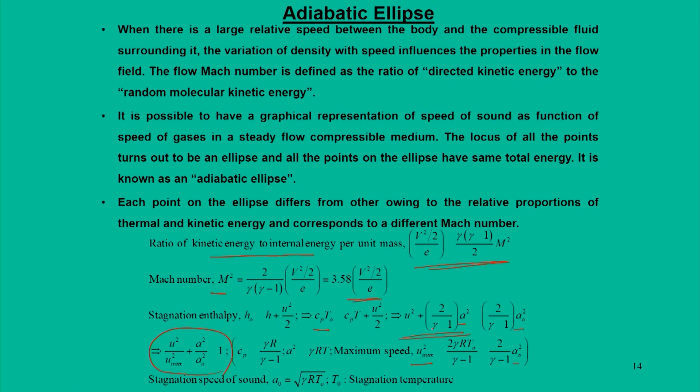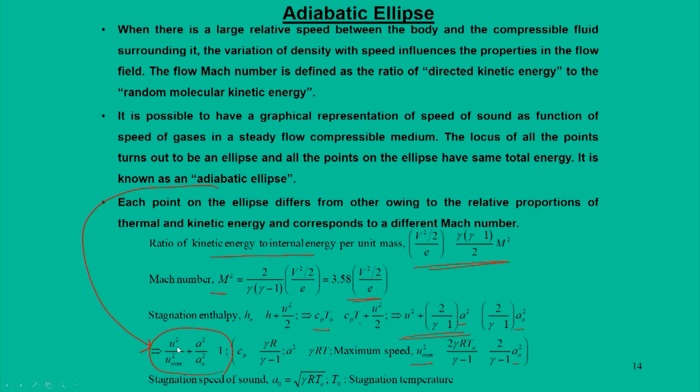So, by putting this expression in this equation, the final equation for this adiabatic ellipse is u square by u max square plus a square by a0 square equal to 1. If you look at the bottom side of this equation, u and a are any arbitrary state, and u max and a0 are the upper limits: u max is the maximum speed and a0 is the stagnation speed of sound.